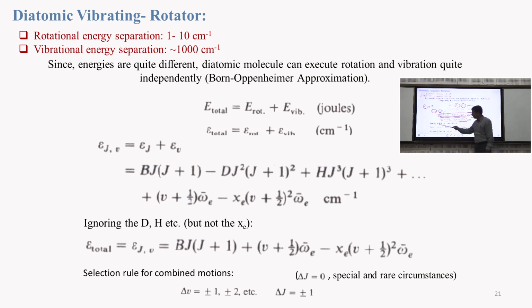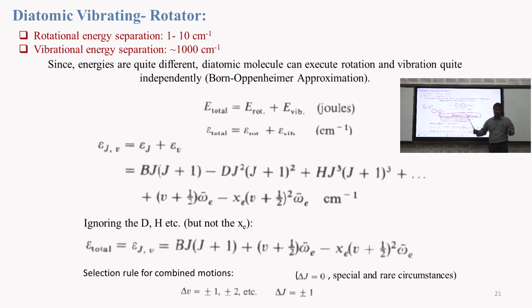Now it says that you can consider D and H, meaning you can eliminate and ignore this term and this term. Why? Because their contribution is small, in the sense that their numerical contribution does not affect your experimental results.